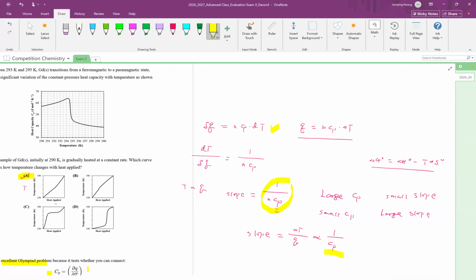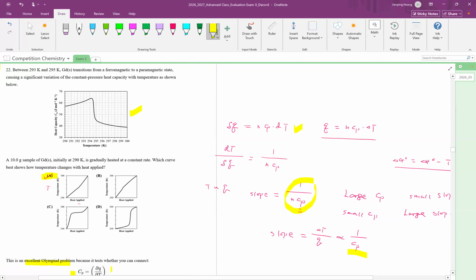Then you know this one; you read the Cp graph from 290 to 294, and the Cp increases. So the same heat causes a smaller temperature rise.